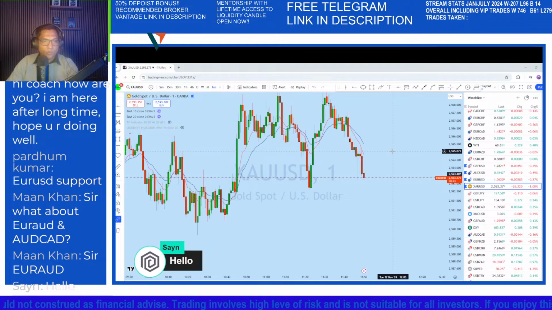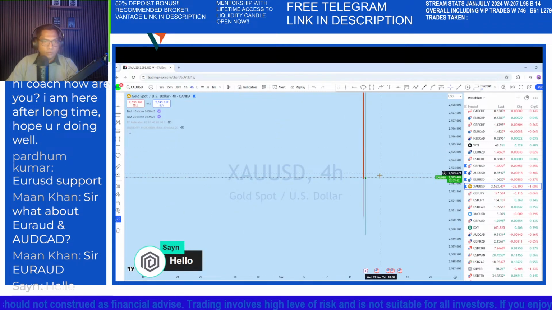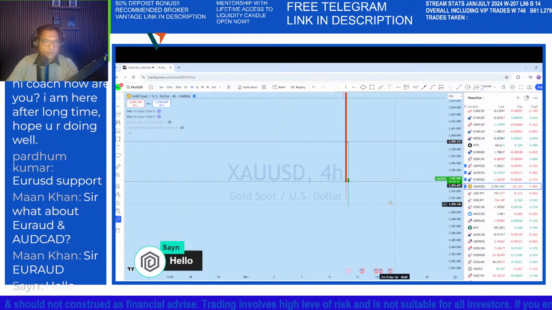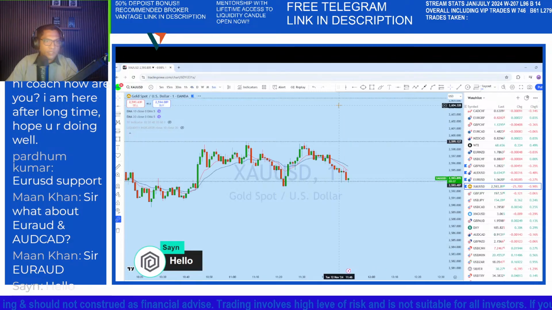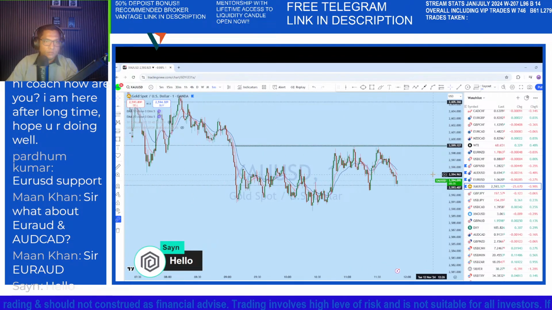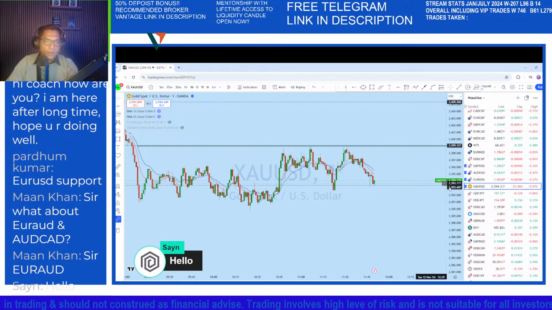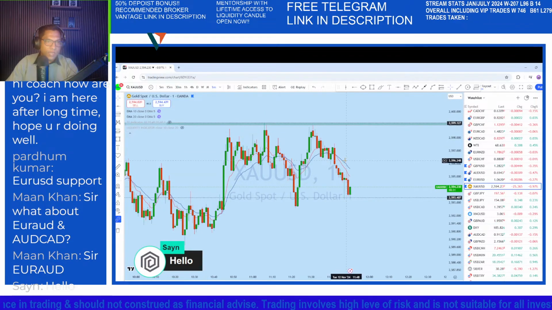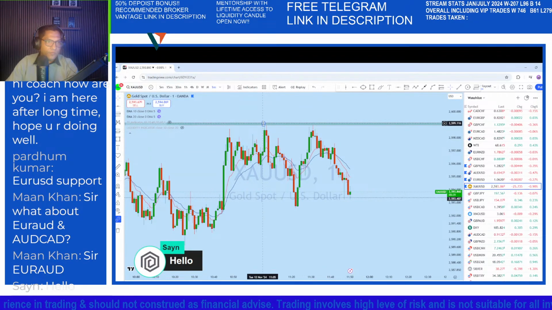Okay, now in this area we see the price on the support again. From here, expecting one more bounce. I would be looking to sell from here if it crossed that high.